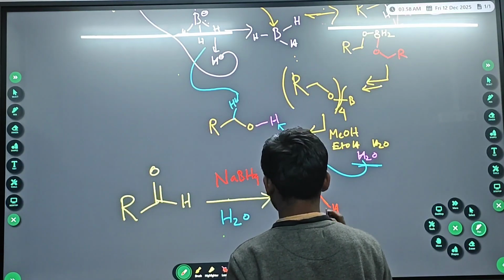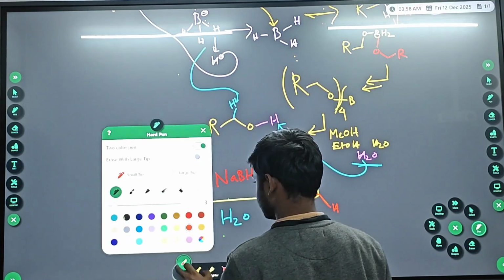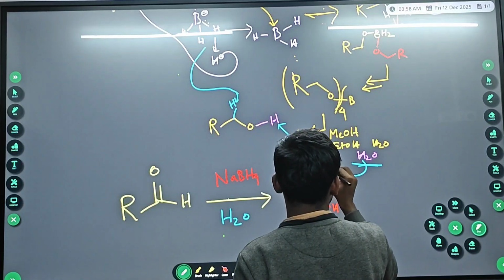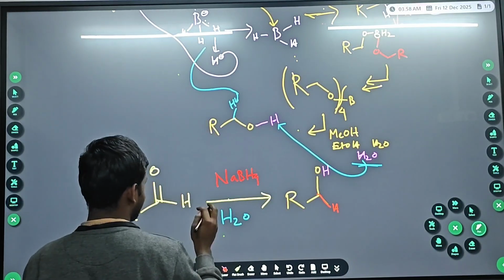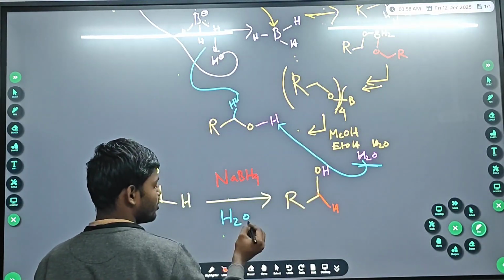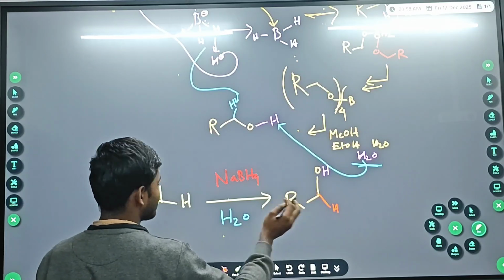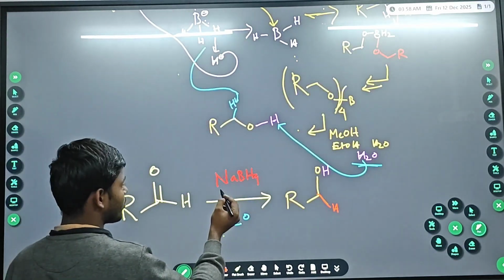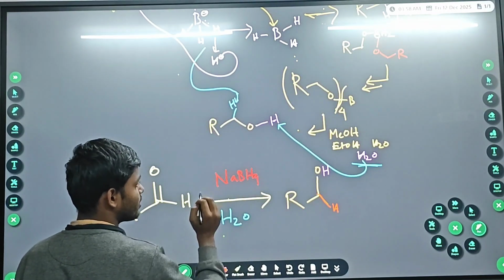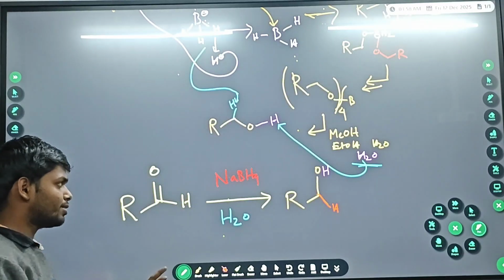So this will give a product like this, and the blue color will be like this. The alcohol proton always comes from the protic solvent, and the hydrogen on the carbonyl carbon comes from the borohydride complex. Okay, so this is the borohydride.